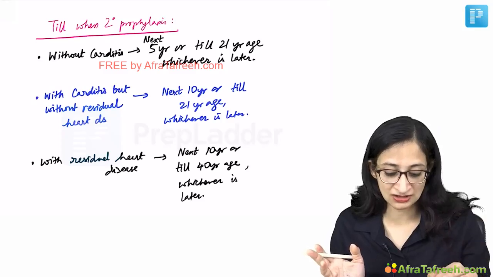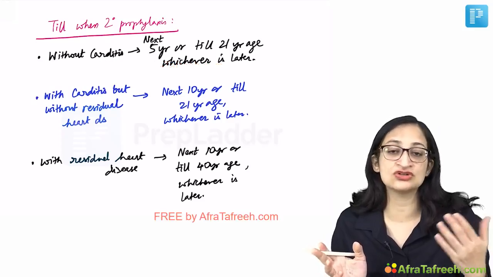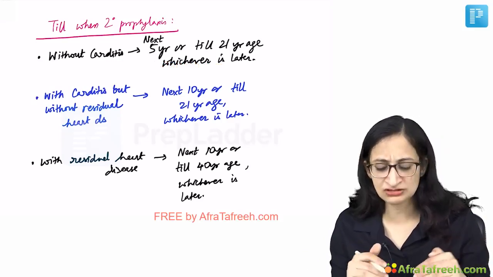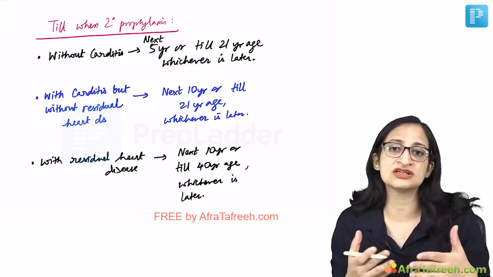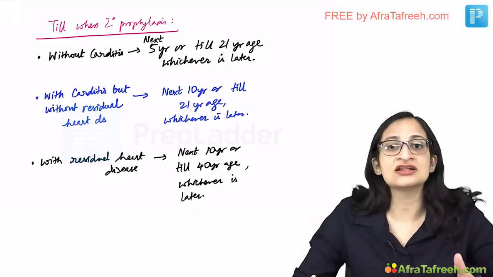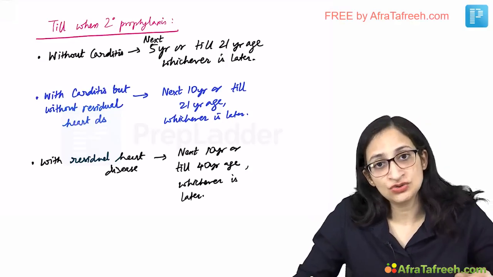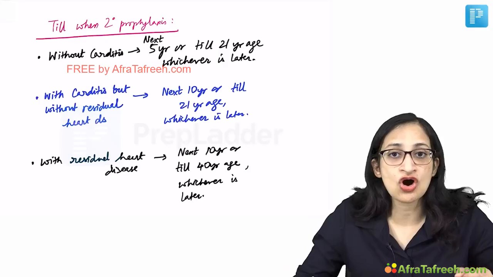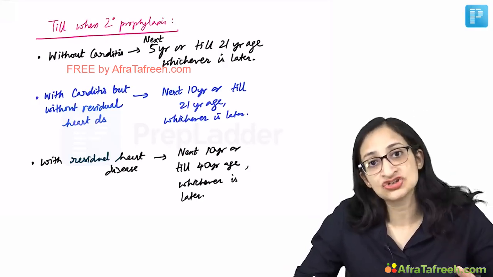If there was carditis but no residual heart disease, you give it for 10 years or till 21 years of age, whichever is later. With residual heart disease, you give it for the next 10 years or till 40 years of age, whichever is later. So that is what you need to know about rheumatic heart disease in children, the most common acquired heart disease in children.